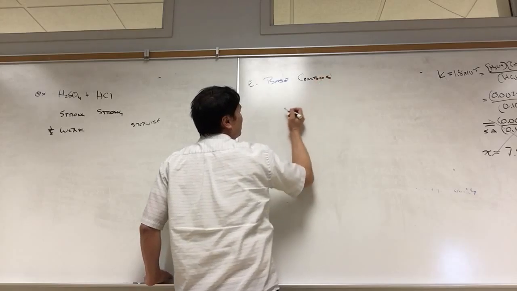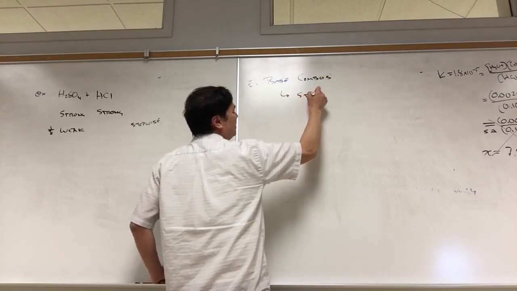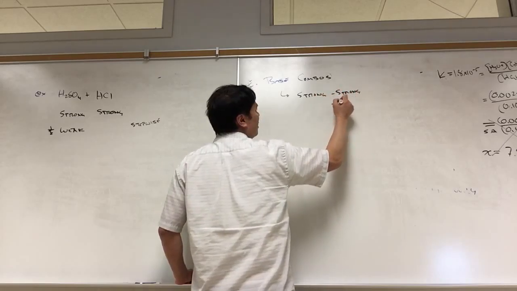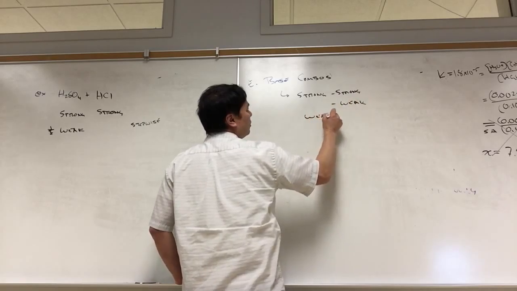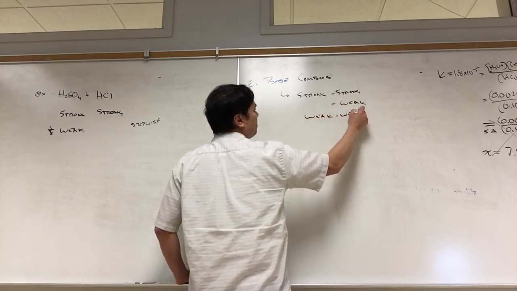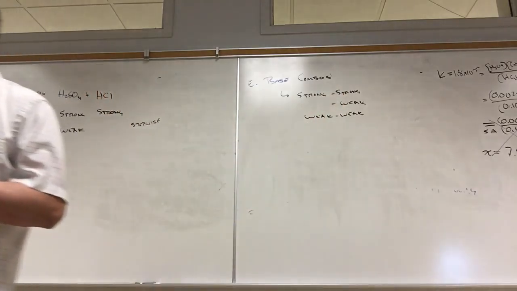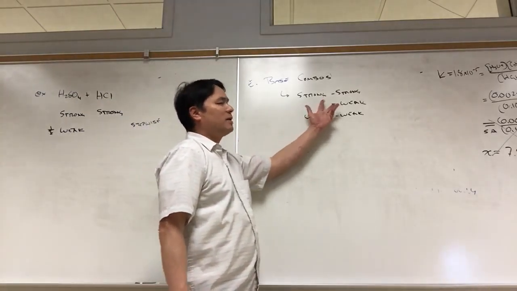So the base combos are just the same. We're going to have strong, weak, and weak. Strong base is simple. You know, that's like Chem 1A, just add it up. Strong, weak, we just do it stepwise.